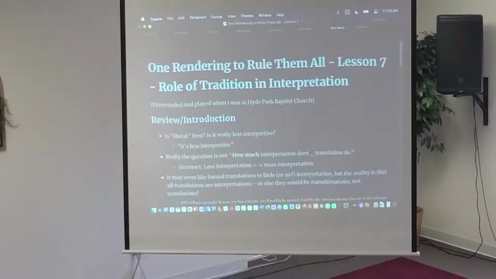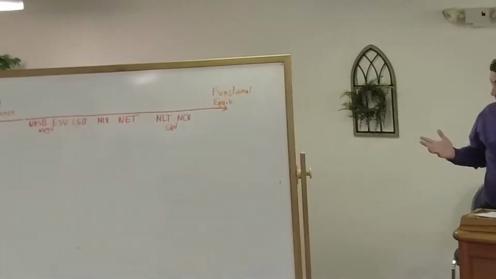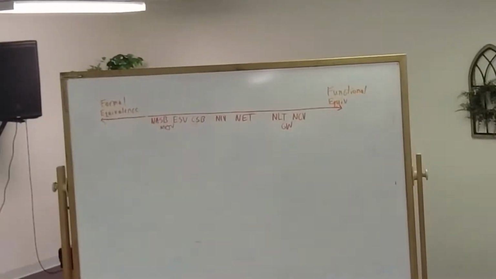First answer to this question is, are they accurate? To a certain extent, yes. Generally speaking, those translations that are on the left side, the formal equivalents, will tend to be in that direction. They're not wildly off.